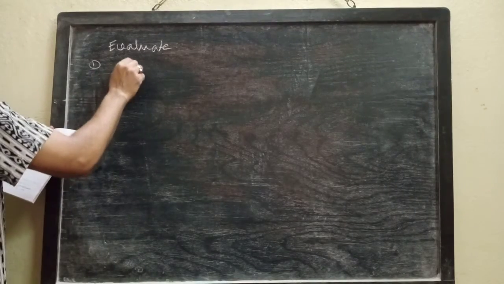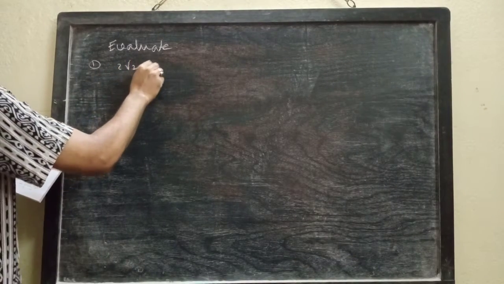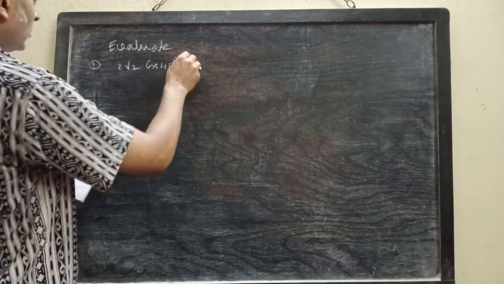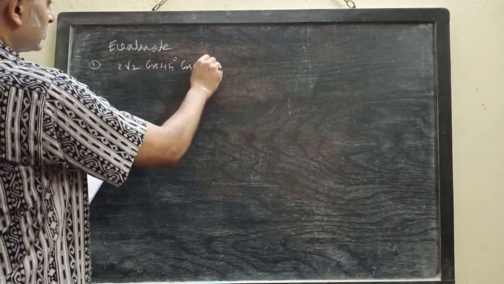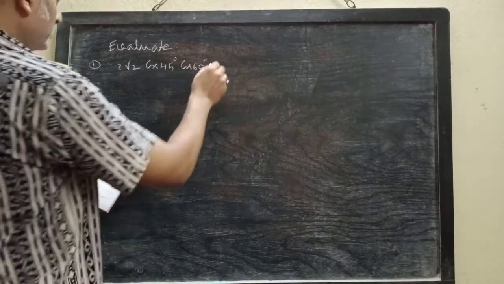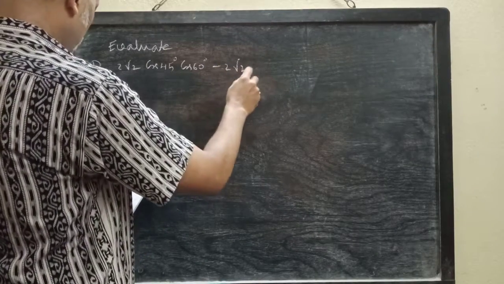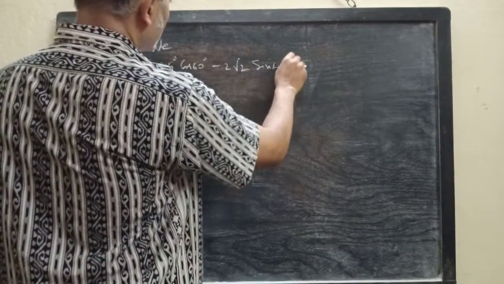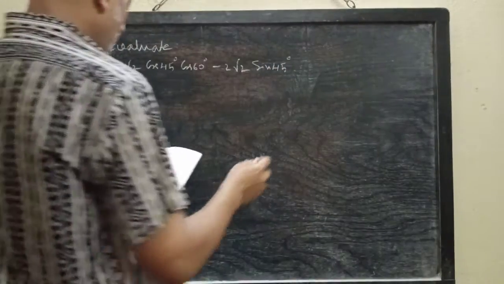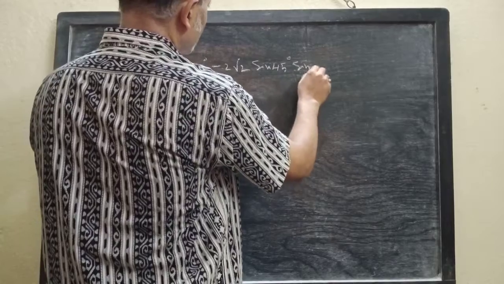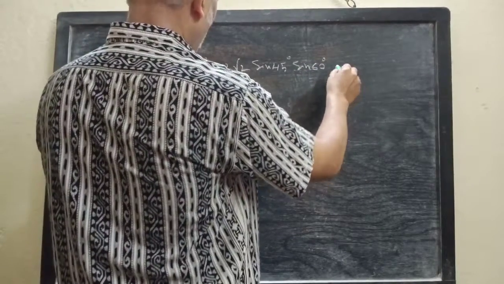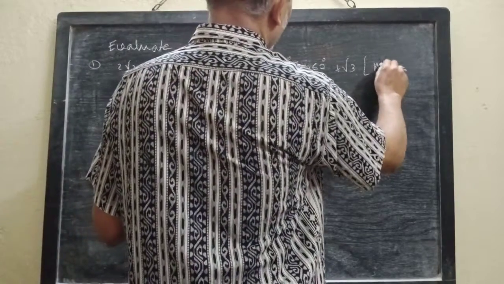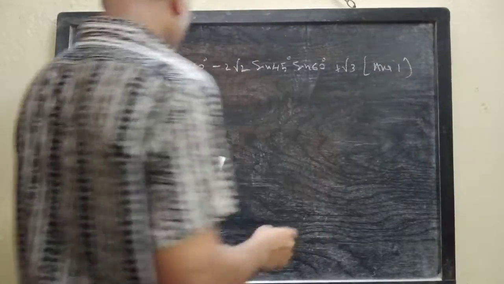Two cos 45 degree into cos 60 degree minus 2 root 2 sin 45 degree sin 60 degree plus root 3. Its answer is 1.